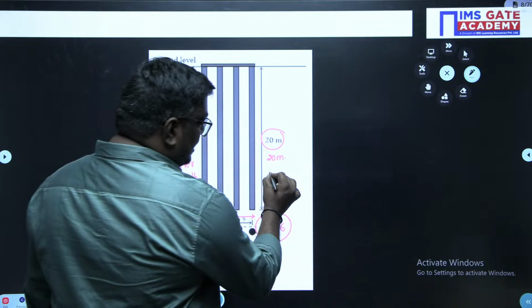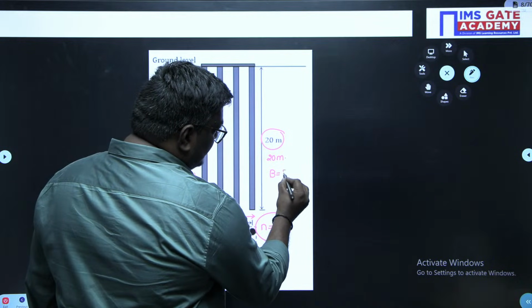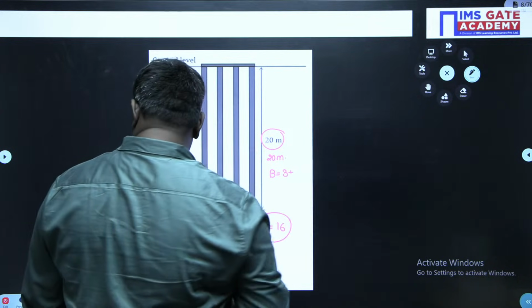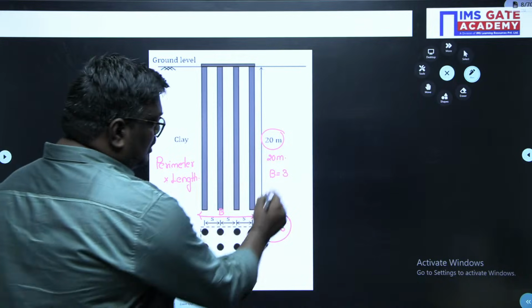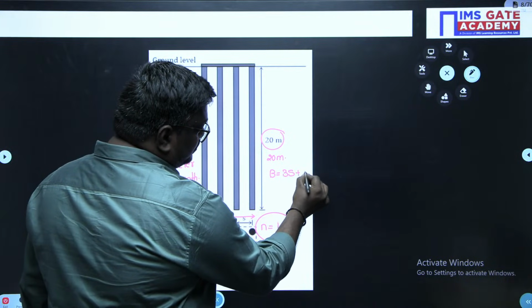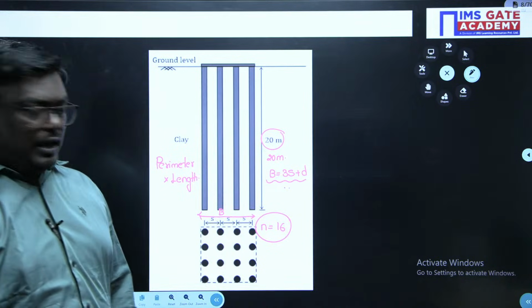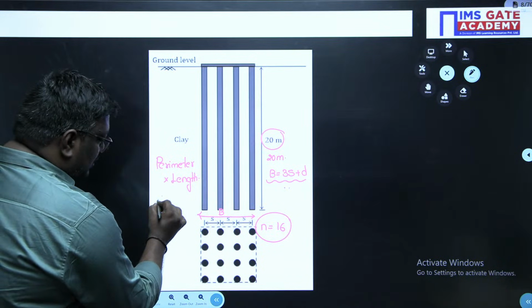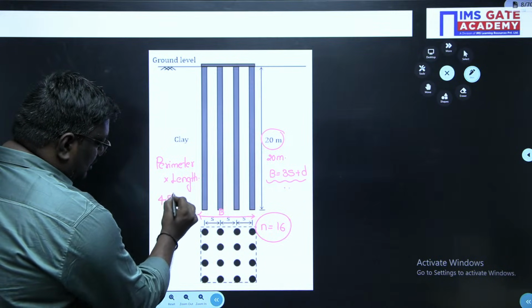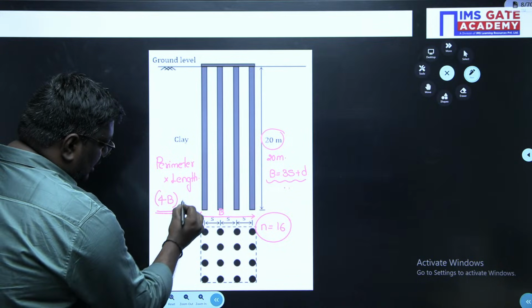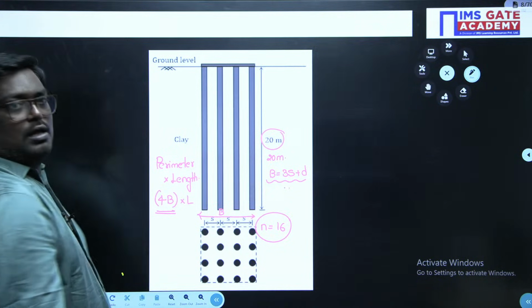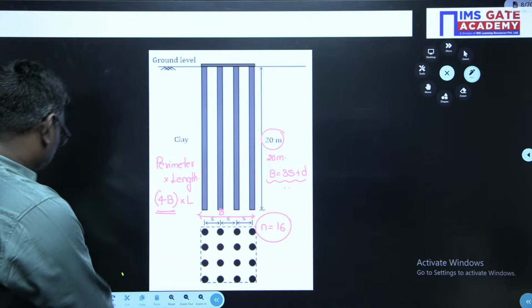So here B can be written as 3S plus D. Now when I talk about perimeter into length, we can write it as 4 into B into length L. Here we have 4BL.